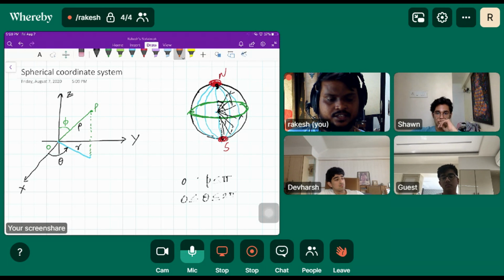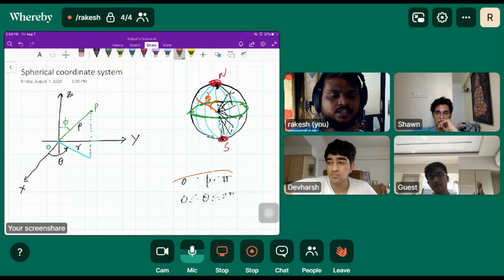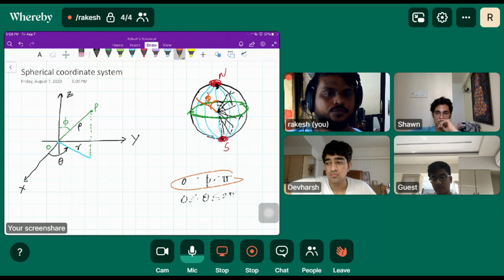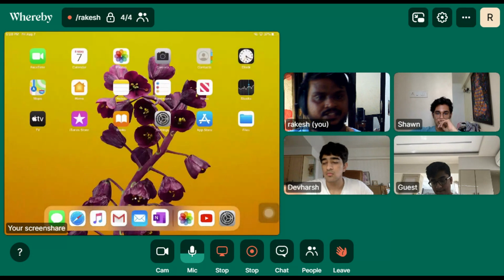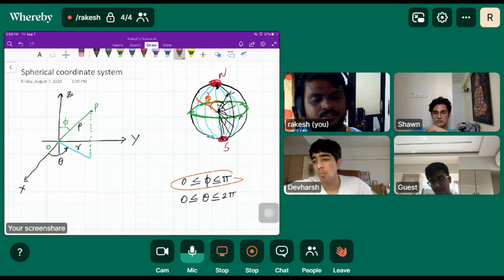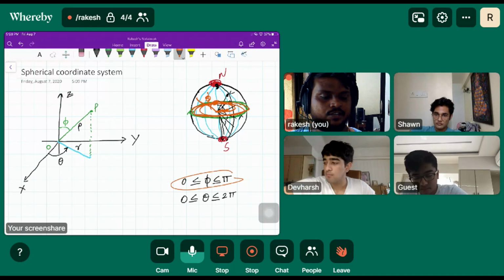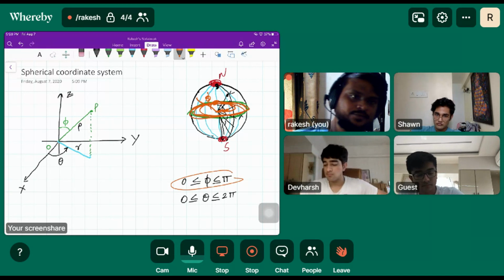So phi goes from 0 to pi, and theta goes from 0 to 2 pi, because theta is basically this complete circle.